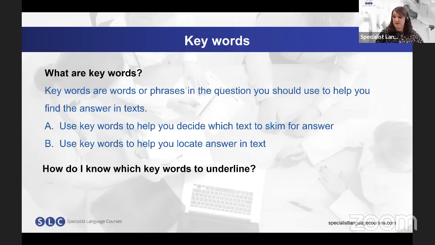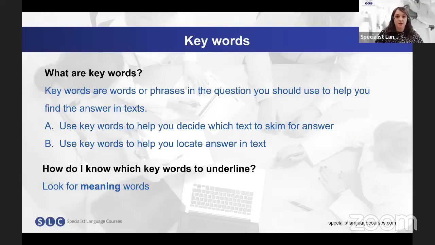So this is another question that we often get. How do I know which keywords to underline? So keywords to underline, you're often tempted to underline all keywords because often we find that all words are important. However, in order to manage your time effectively in reading A, you need to know which words are going to be the most helpful for you to find your answer.